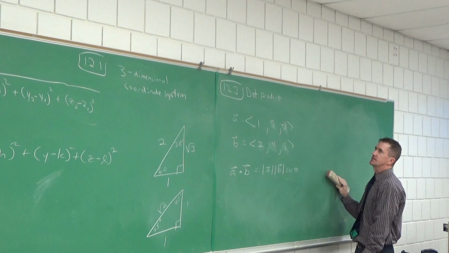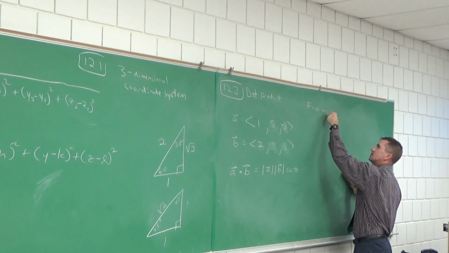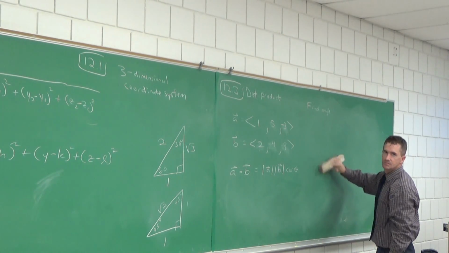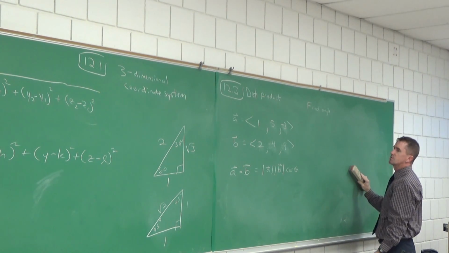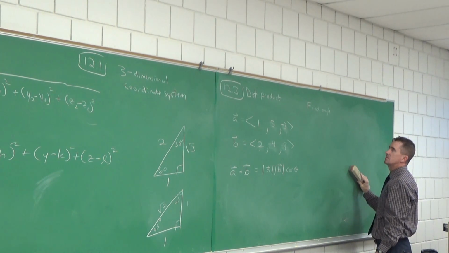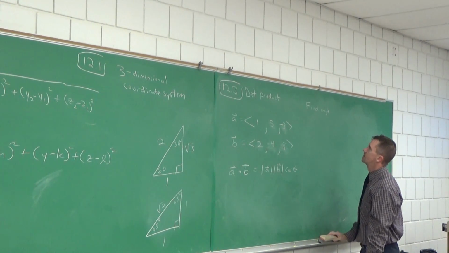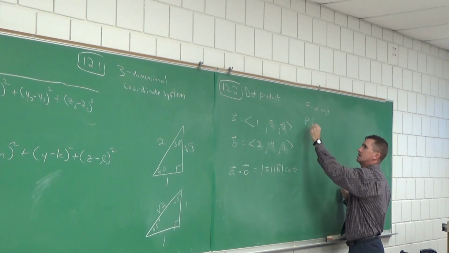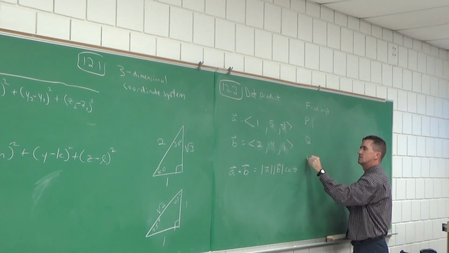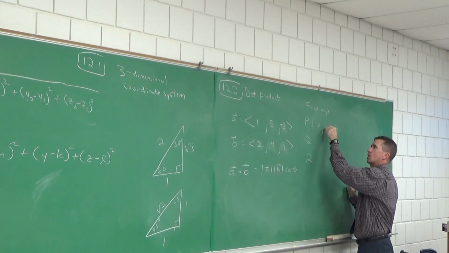Alright. Well then, now that we know that, let's try something. And let's find the angle. I need some points in space. Here's P. Here's Q. And here's R. P is 0, 1, 2.